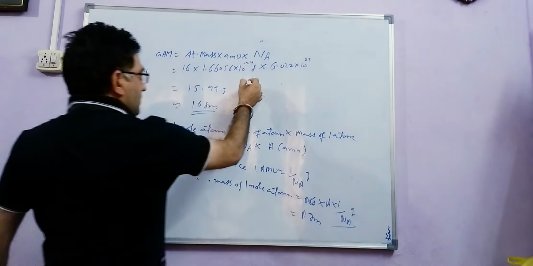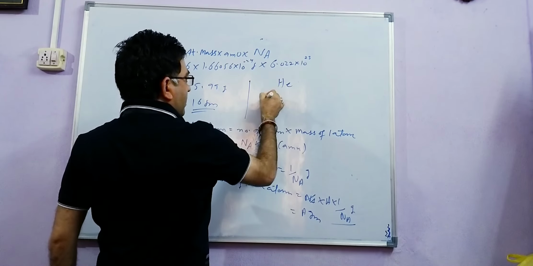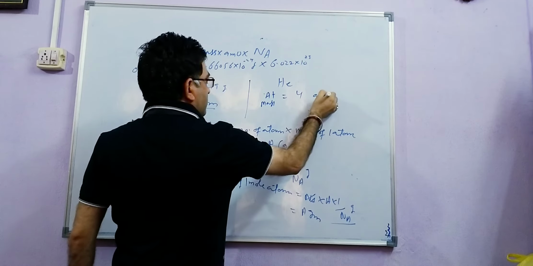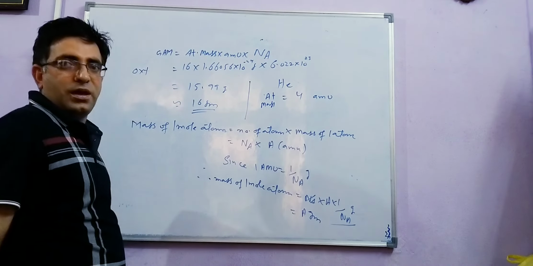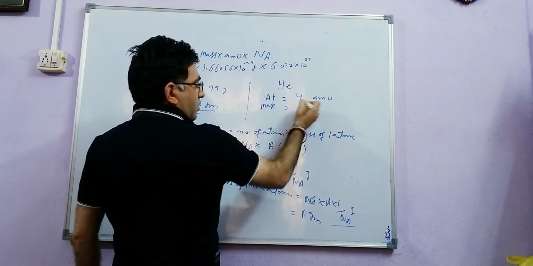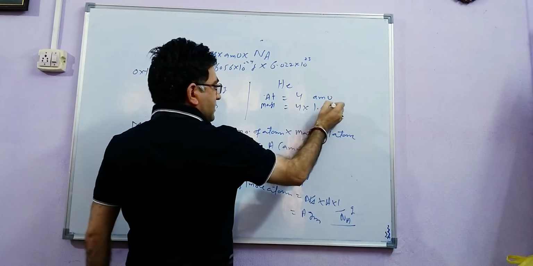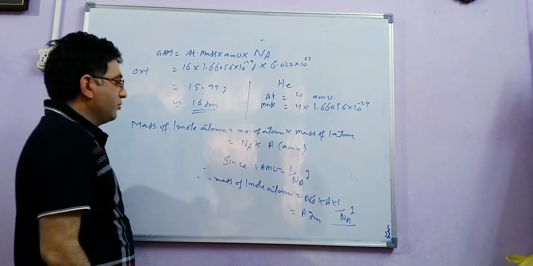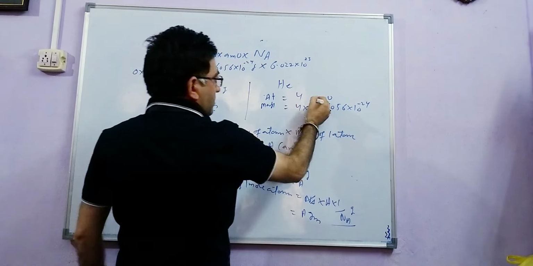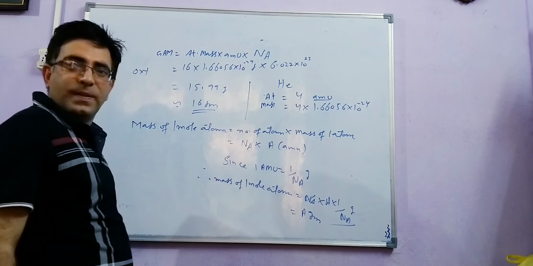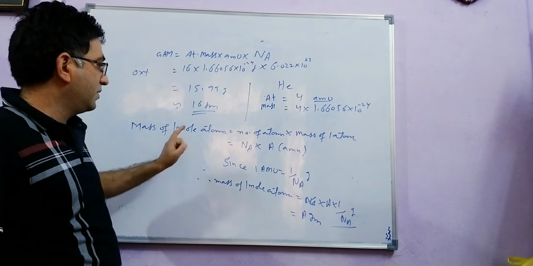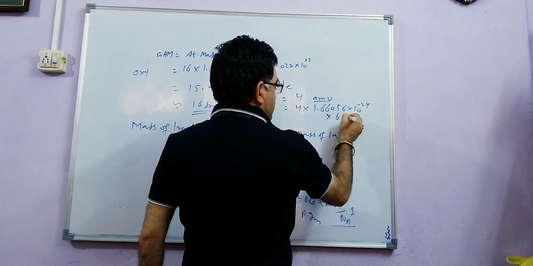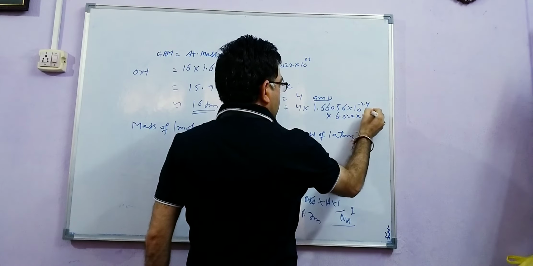Suppose we are talking of helium. Helium having atomic mass 4 AMU. Now 1 AMU equal to 1.66056 into 10 raised power minus 24 gram. To convert this AMU into molar mass, you have to multiply by mass of 1 mole of atoms, that is Avogadro's number, 6.022 into 10 raised power 23.